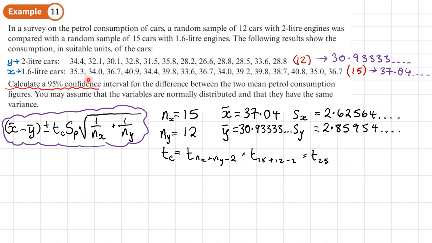So this will be a two-tail test, which means that I'm going to be looking for the 2.5% value, and that's 2.060. 25, row 75, 25, yeah, 2.060.